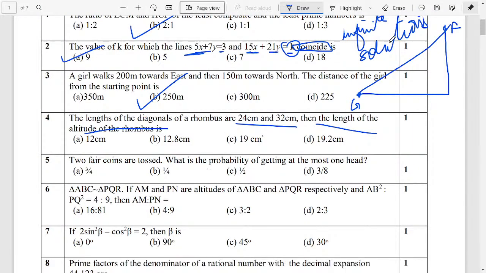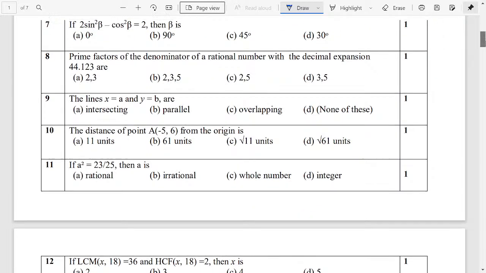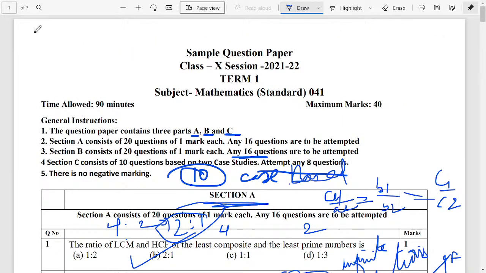Is there some space to write? There is no space. See, area of the rhombus is half into the product of the diagonals. That means diagonal 1 into diagonal 2. This is the area of the rhombus. Okay, everyone, is that clear?